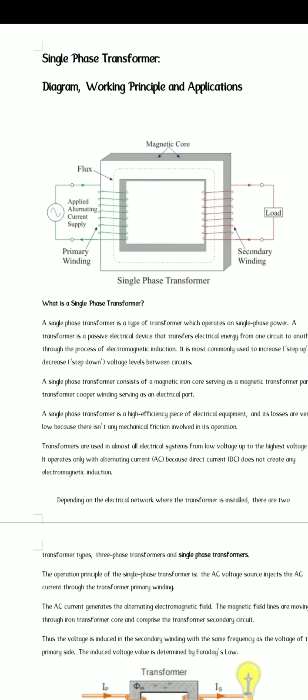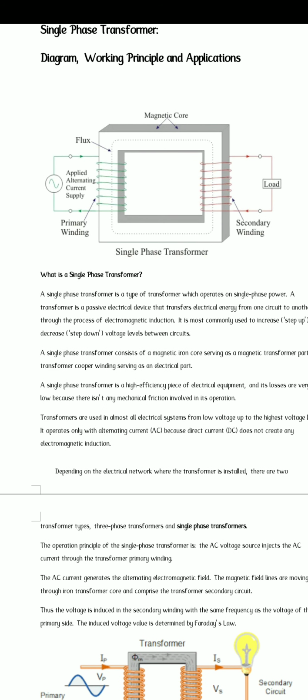The primary coil is connected to a supply voltage source, such as the EB supply or an electrical generator. When the primary winding gets this supply voltage, it produces some amount of magnetic field. That magnetic field passes through the magnetic core.